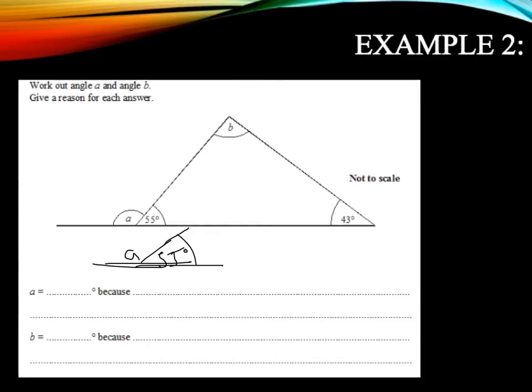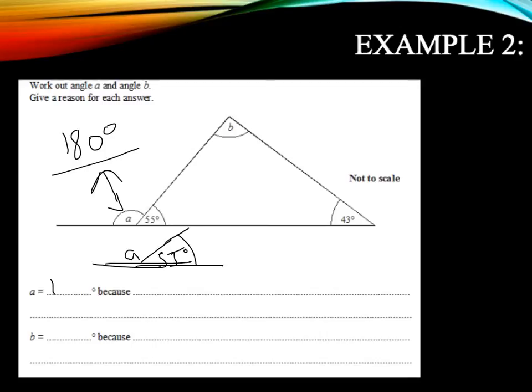Now, angles on a straight line, I'm hoping you know, are 180 degrees. So we want to know what I can add to 55 to get to 180. So what's A got to be? And again, you can do it in one of two ways. You can either do 180 minus 55, or if you prefer to think, what can I add to 55 to get to 180?